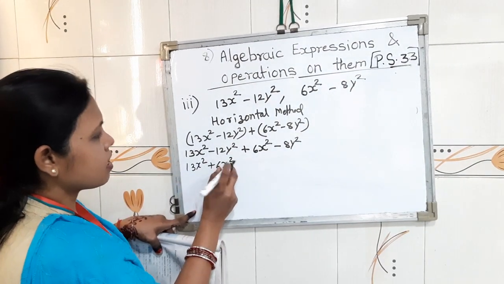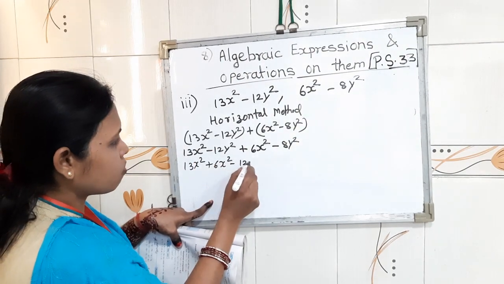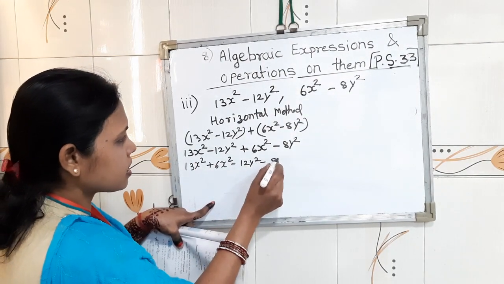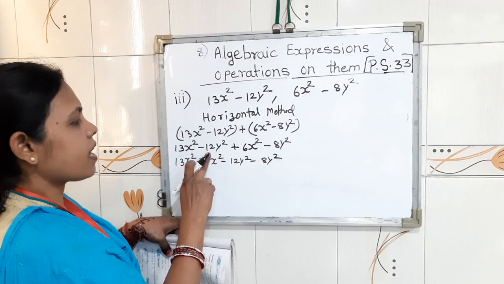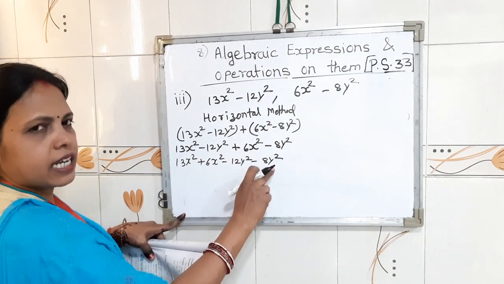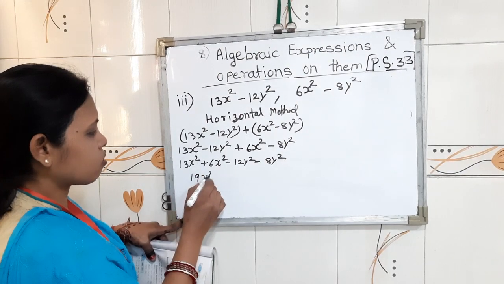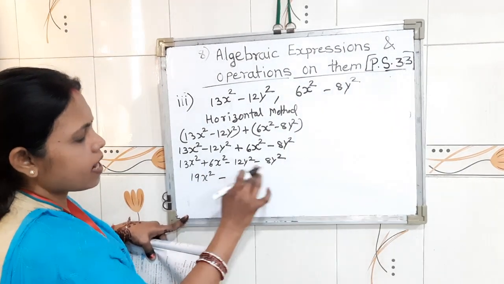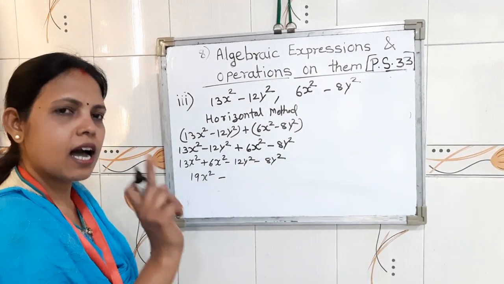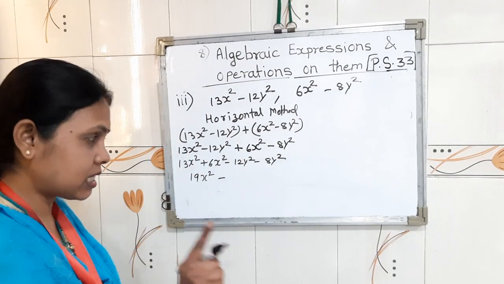6x square minus 8y square. 13 plus 6, 19x square; minus 12 and minus 8.